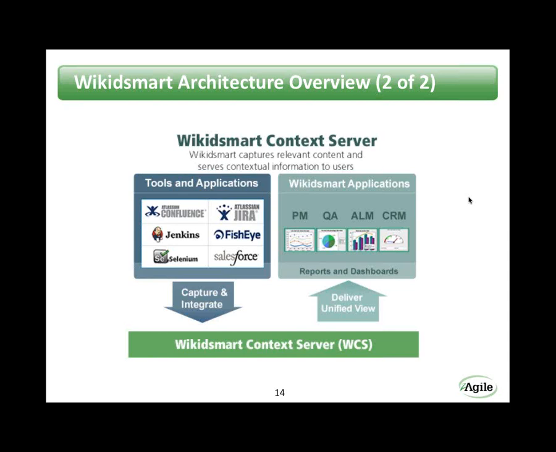We have this semantic overlay, if you will, that combines all of this content, and therefore we can drive these powerful applications on the upper right, Wikidsmart applications. And you can not only deliver these new functions that are essentially composite applications, so leveraging existing functions and delivering new functions, but you can also have coherent reports of the comprehensive content as well as dashboards.